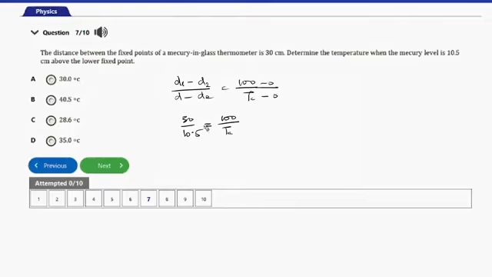So guys, if we resolve this, we are going to have 30t is equal to 10.5 times 100. So in that case, t is equal to 10.5 times 100 over 30, and that's 35 degrees Celsius. So option D is the answer to this question.